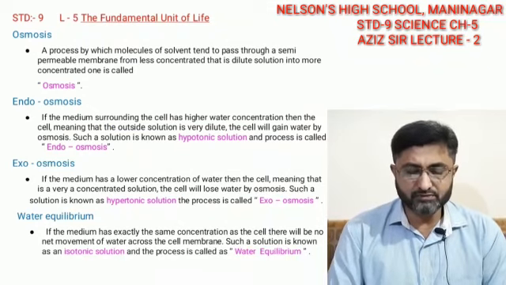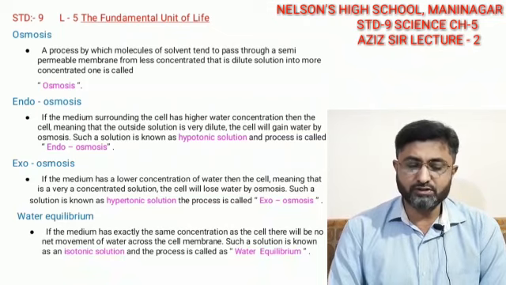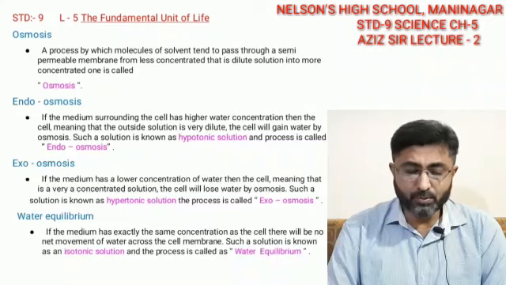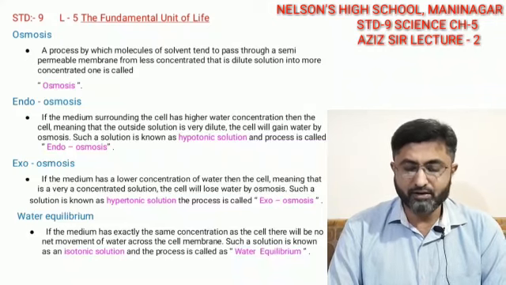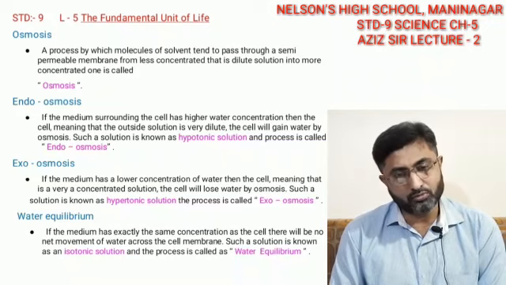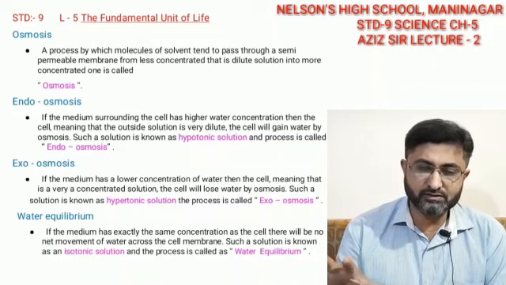The word osmosis, which occurs in this chapter, as we have already learned, is the process by which molecules of solvent tend to pass through a semi-permeable membrane from a less concentrated, that is dilute, solution into a more concentrated one. I will explain this definition.